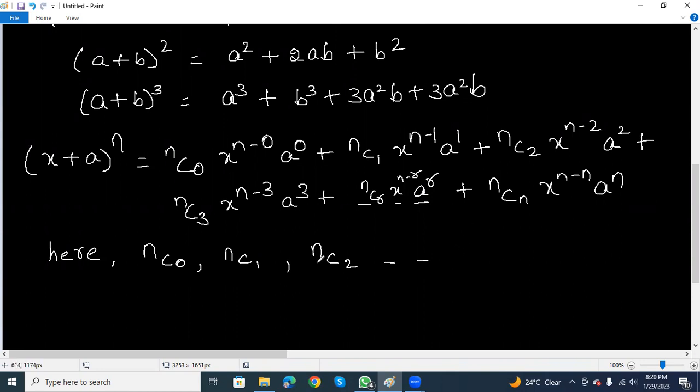The coefficients are nothing but these numbers, the coefficients of x in the binomial expansion. Hence these are called binomial coefficients.